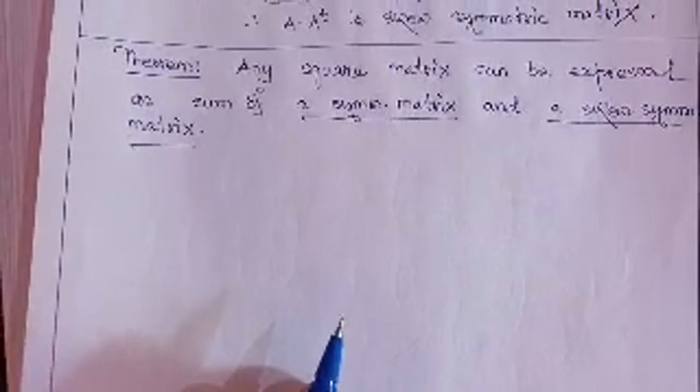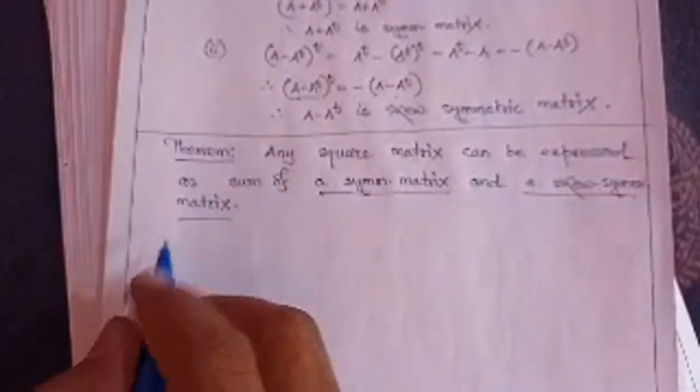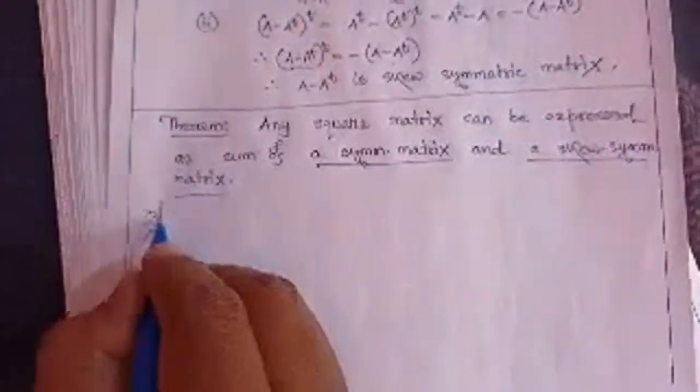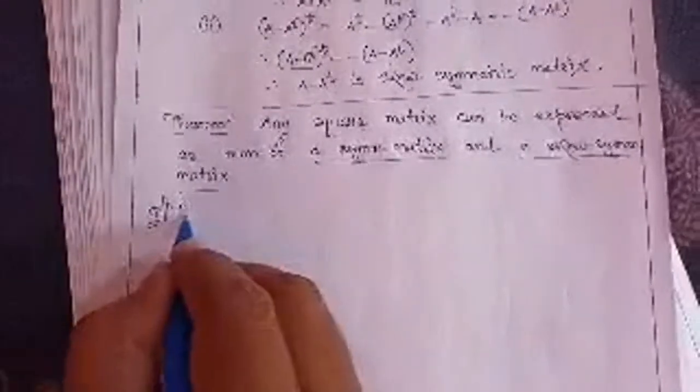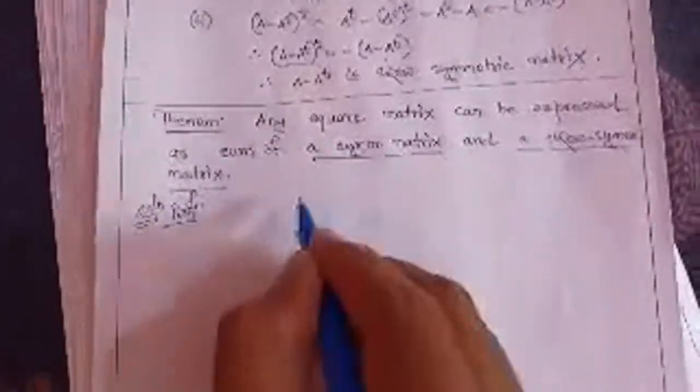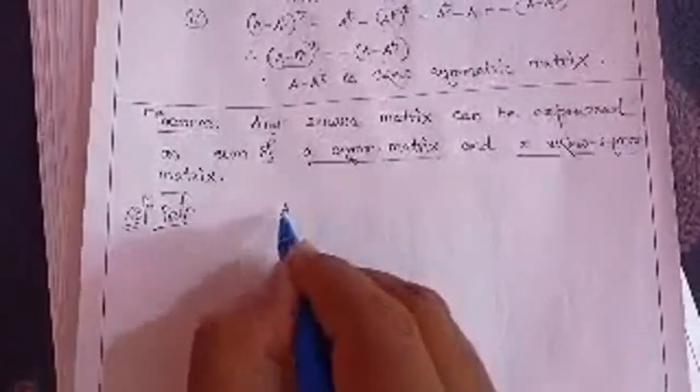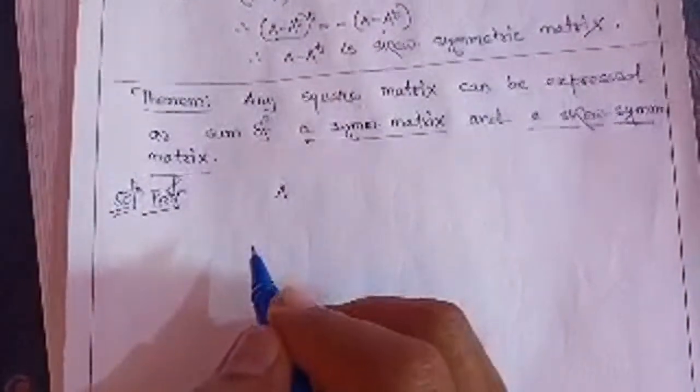This is the result. I am showing you the proof, then after that one example, and at that time you'll get it. Listen, I am taking any square matrix A. You don't know anything about A, there should not be any special feature for A, A should not be symmetric or skew symmetric.